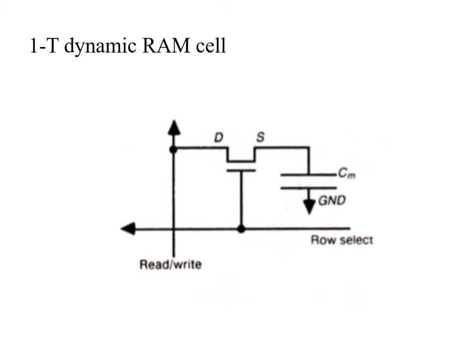Even though the read and write operations look the same, the difference is that in read operation a sense amplifier is required to differentiate whether bit 1 was stored or bit 0 was stored.